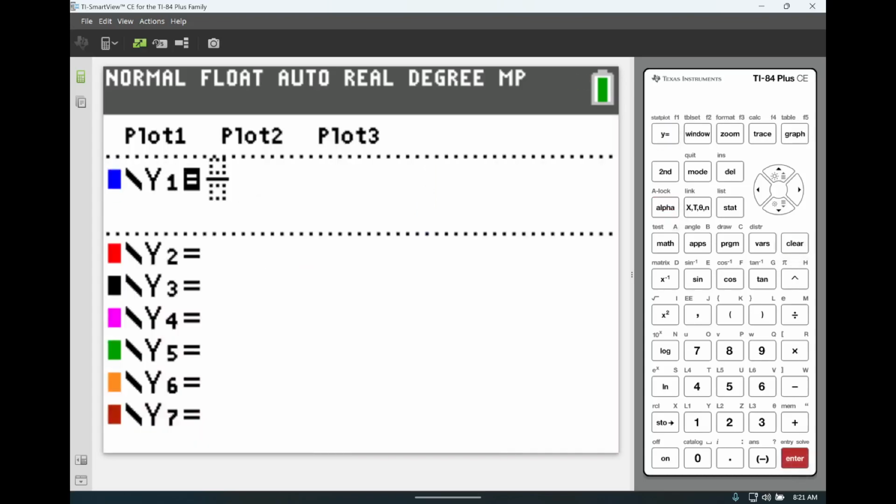Since I don't have classroom calculators, I will put the graph up here.